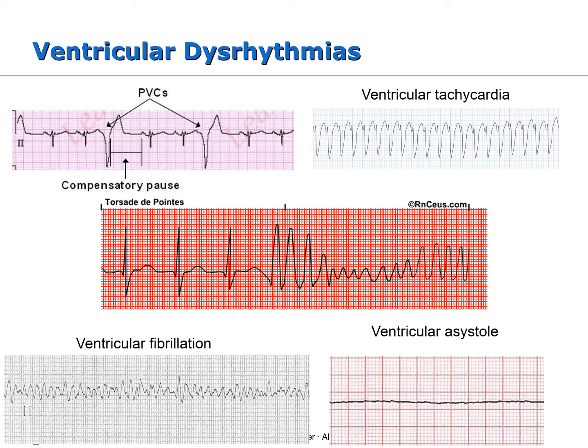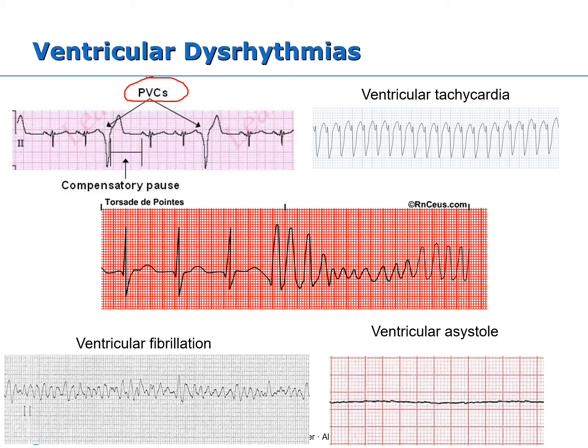As far as ventricular dysrhythmias, you can have PVCs, and that is your first one here. A PVC is an impulse that starts in the ventricle. It is conducted through the ventricles before the next normal sinus impulse. Risk factors are caffeine, nicotine, and alcohol.